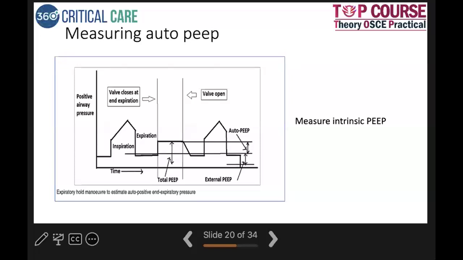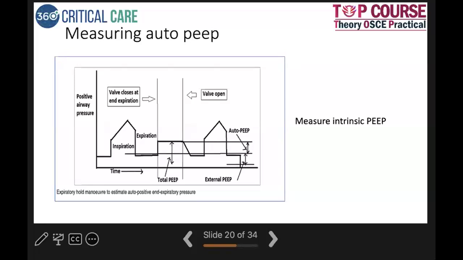You can keep zero PEEP externally, and you can allow the resistance to the expiration to fall down so that the expiration happens easily. What you are telling, keeping the external PEEP at about 80%, is in a spontaneously breathing patient who is on a pressure support ventilation or CPAP, who are actively breathing with the ventilator, to fight against the auto PEEP.